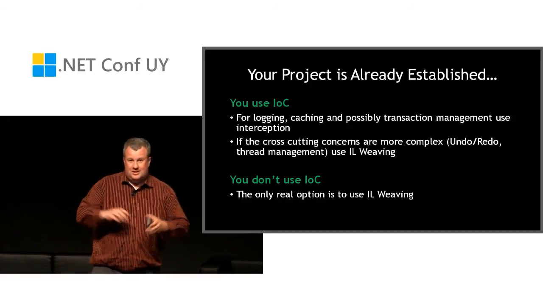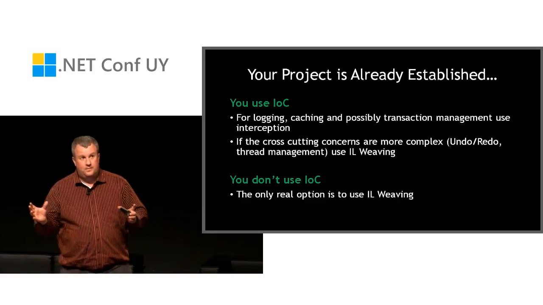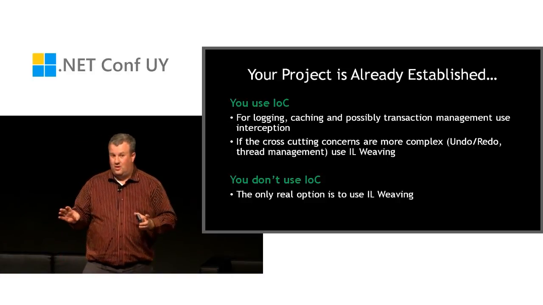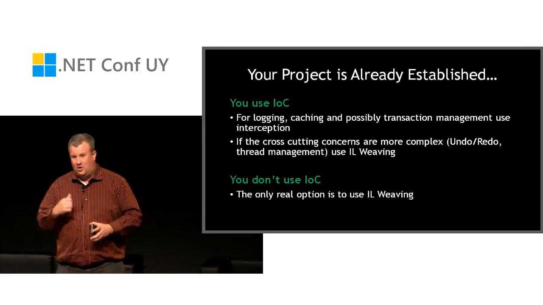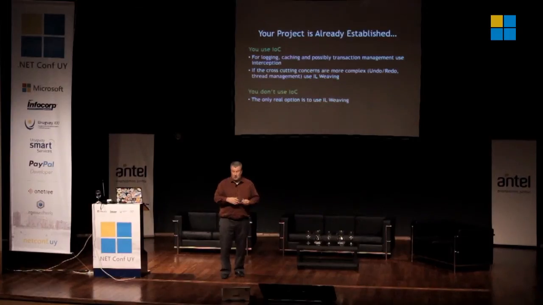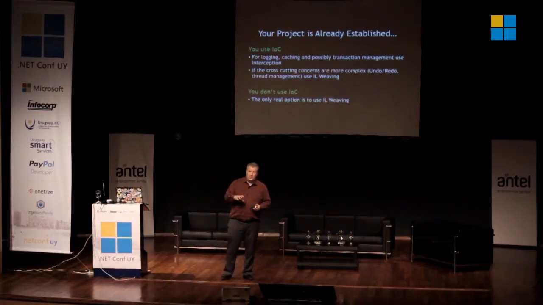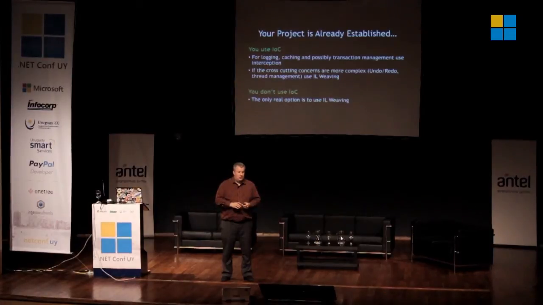So we've already got this established code base, which I'm guessing almost all of you are in this scenario. It's a rare person who sits at a conference and doesn't have code to go home to, or a job to go to either. So you probably have existing code. IOC-based stuff is really hard to do with that, unless you have IOC in there. So don't think, I'm going to go do AOP, I'm going to do interception in my code base.